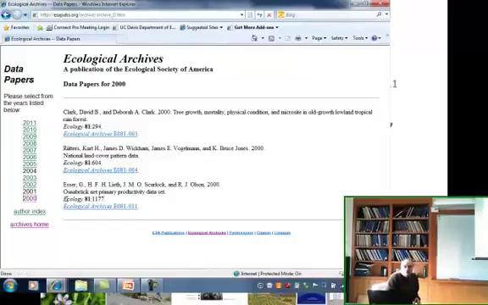And you can go look at some of these, and they're thoroughly unremarkable. But at the same time, they are thoroughly remarkable because of the effort that people like David and Deborah Clark put in to making those data usable in perpetuity to everybody.